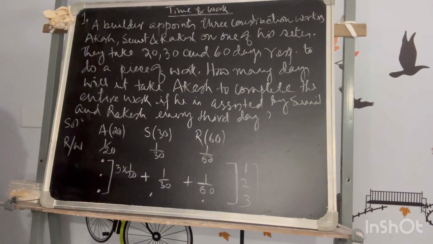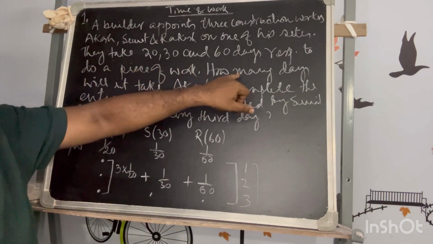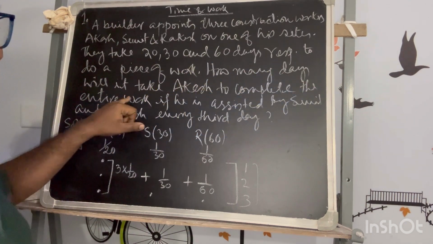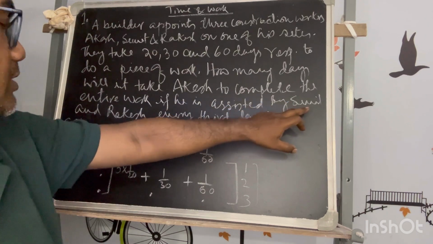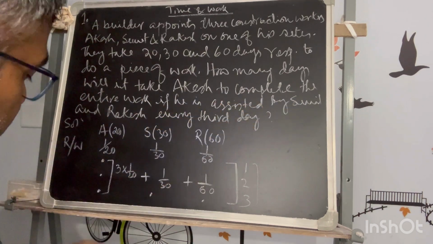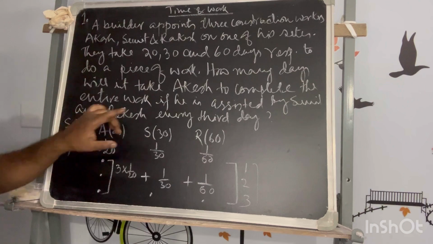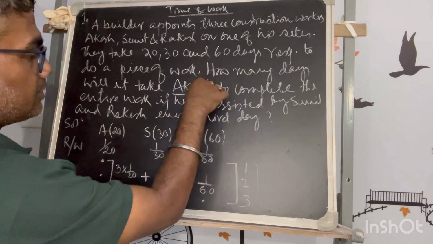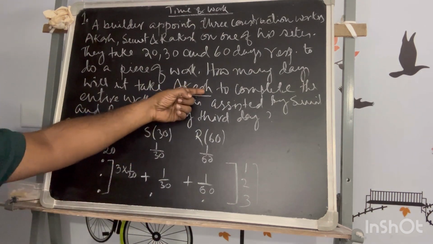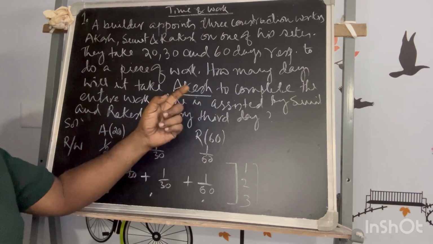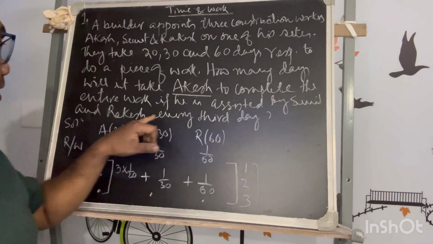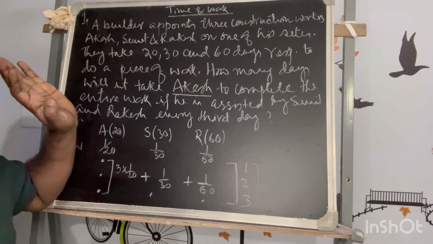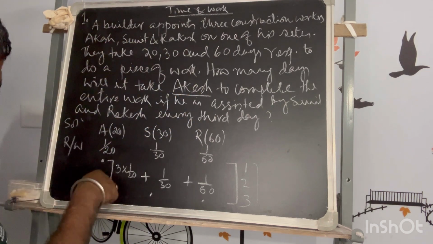What is the ask? How many days will it take Akash to complete the entire work if he is assisted by Sunil and Rakesh every third day? So he is taking the maximum load, which is why he is said to be the leader. He has the responsibility to complete the job, assisted by Sunil and Rakesh. They are not so important, but they have to assist him in completing the job.